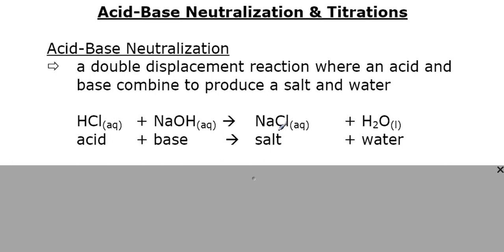But in chemistry, when we hear the word salt, we're not just thinking table salt, although in this example it is showing sodium chloride. This is going to mean an ionic salt or an ionic compound. So it can mean many different things, and different salts have different properties.